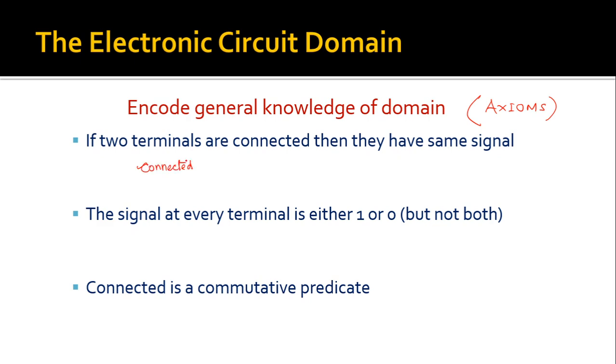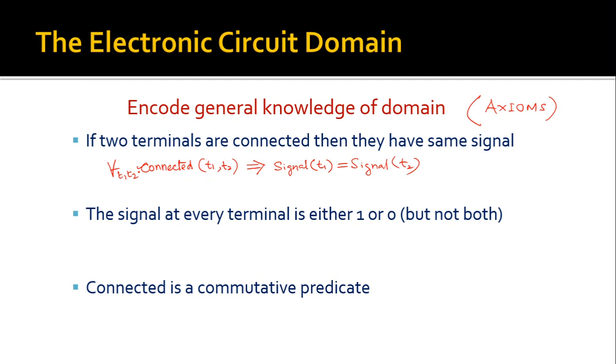So connected T1, T2, right? So they are connected means they will be having the same signal, right? As they are connected, the signal at T1 should be equal to the signal at T2, and this should happen for all T1, T2, right?